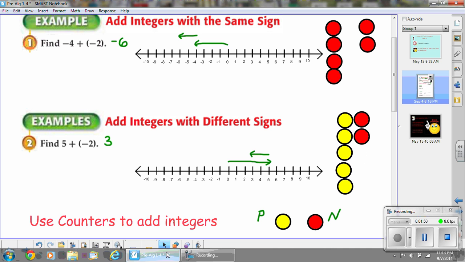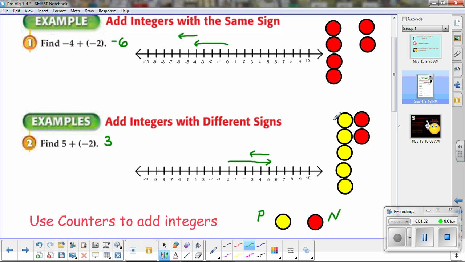Now we can go ahead and actually cross out 2 positives and 2 negatives because of the additive inverse property. A number plus its opposite is always equal to 0. So 1 plus a -1 is 0, which leaves us with just 3 positives.